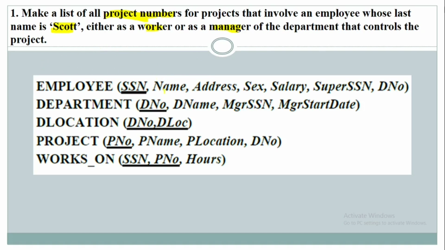Scott's name is available in the employee table, so we need the employee table to identify whether Scott is a manager. Using the employee table, I can get the information and the SSN of Scott.